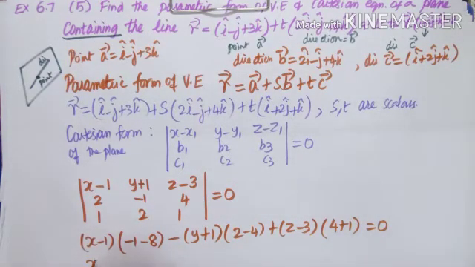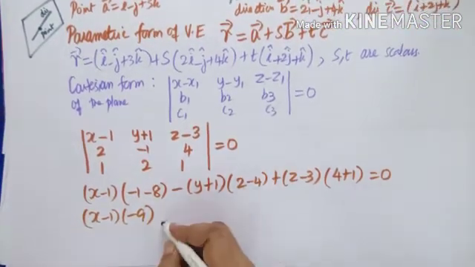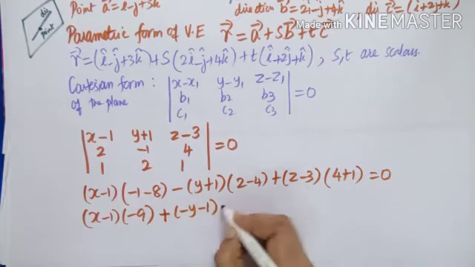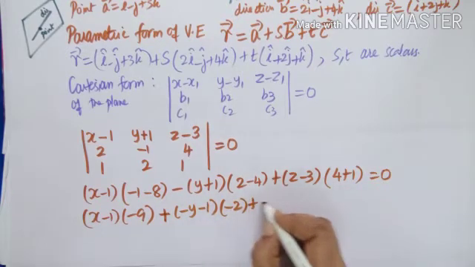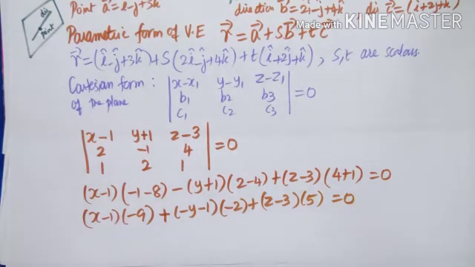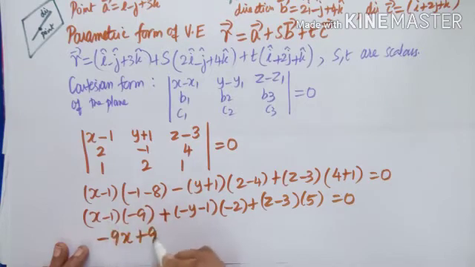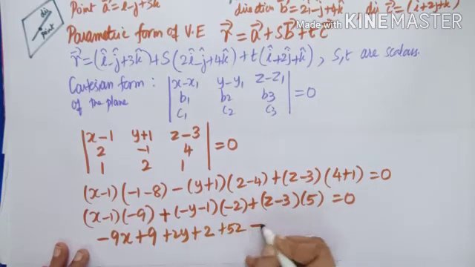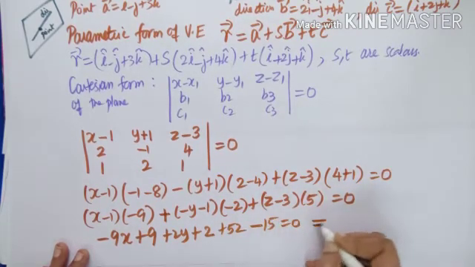Simplifying the step, x minus 1 into minus 9. Minus we take it in. So remember, plus minus y minus 1 into minus 2 plus z minus 3 into 4 plus 1, that is 5, equal to 0. Multiplying, minus 9 into x, minus into minus plus 9, plus 2y plus 2, plus 5z minus 15 equal to 0.